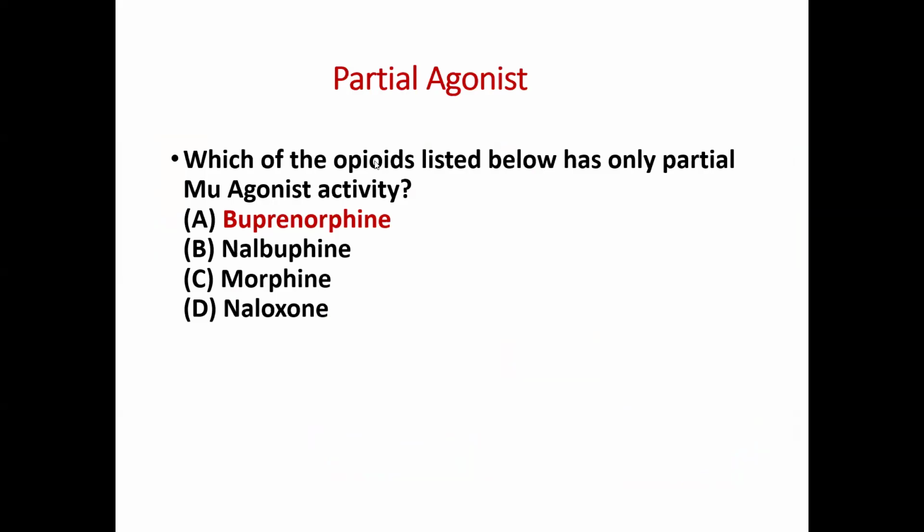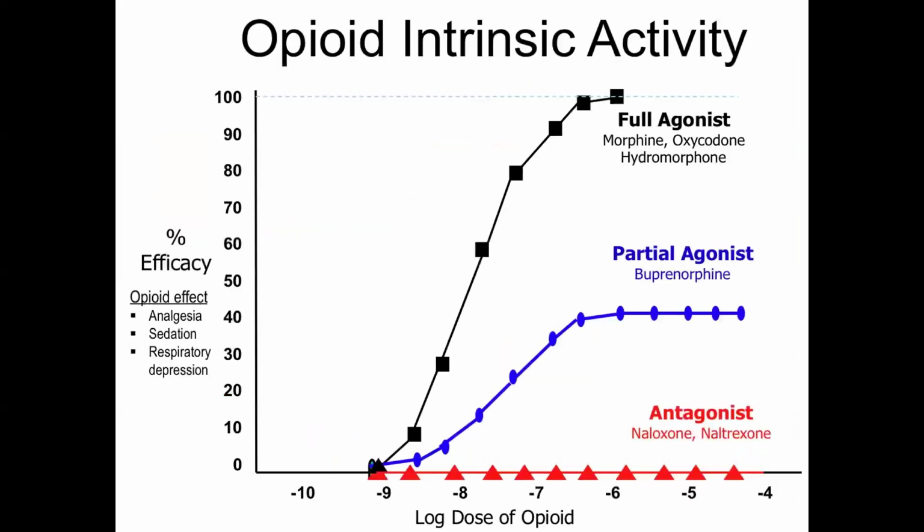Okay, quick question here. Which of the opioids listed below has only partial mu agonist activity? It's buprenorphine. So what is the value of what I'm talking about? Well, we know that buprenorphine is used for opioid use disorder, and we use it also for pain.